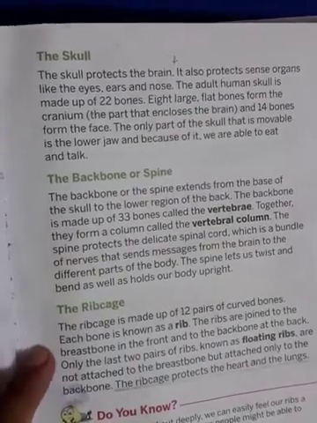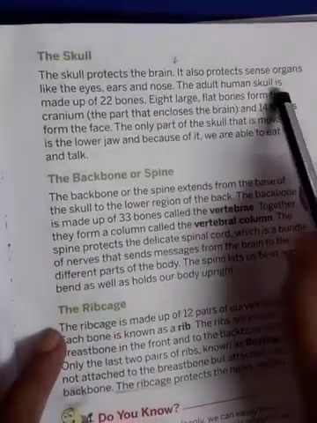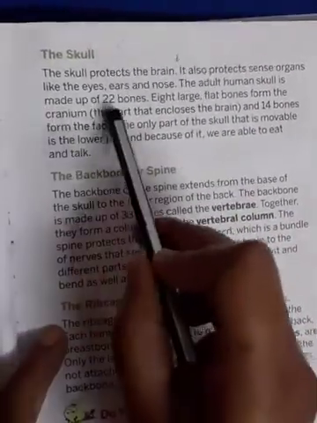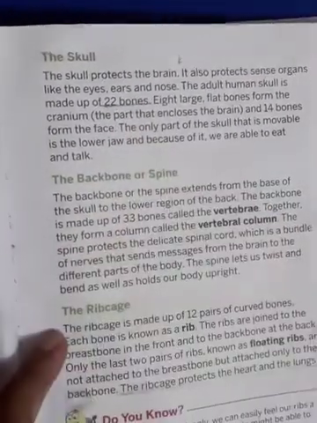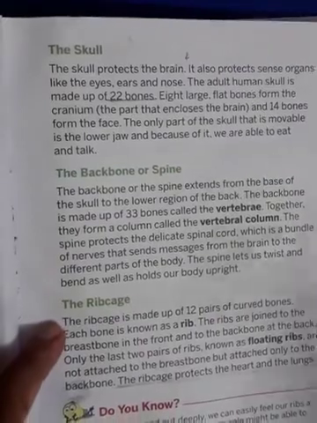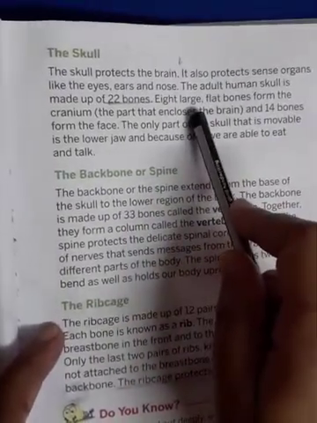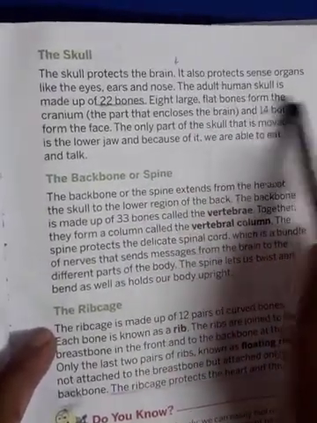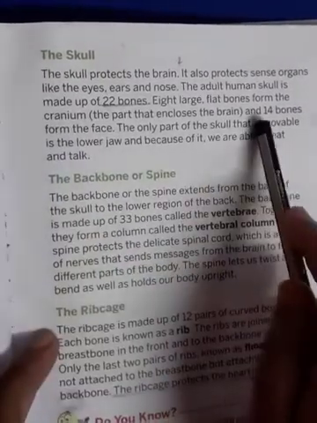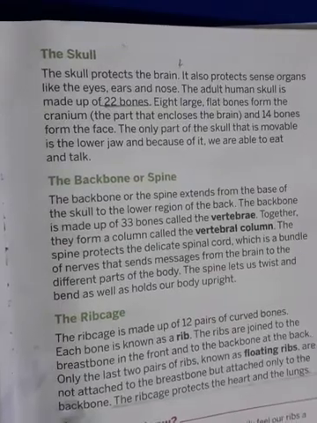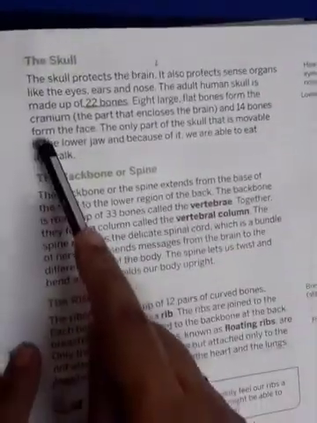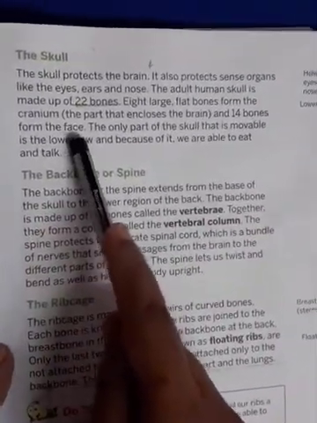The adult human skull is made up of 22 bones. 8 large flat bones form the cranium and 14 bones form the face.